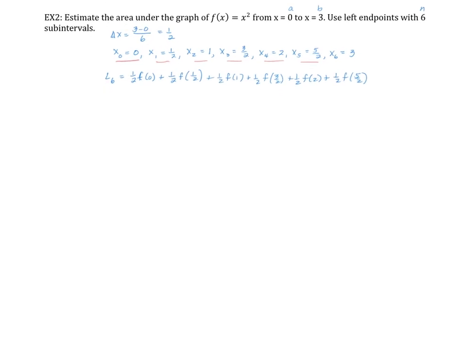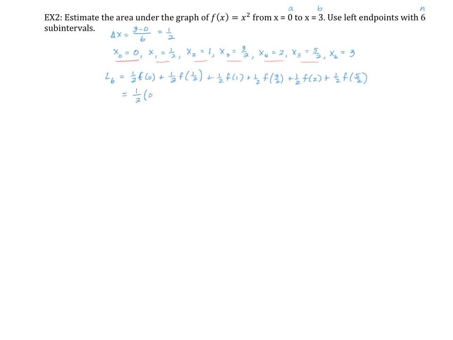But notice that since this is a regular partition, our delta x, which is just the base of our rectangle, I can factor that out. And what's left over is just going to be f of 0, which is 0, right?